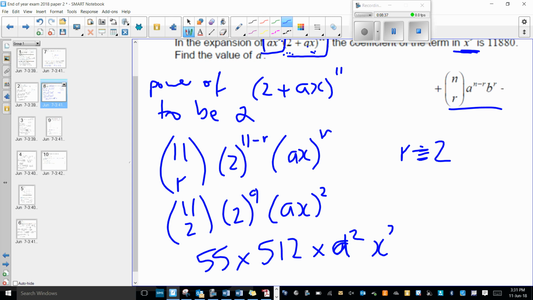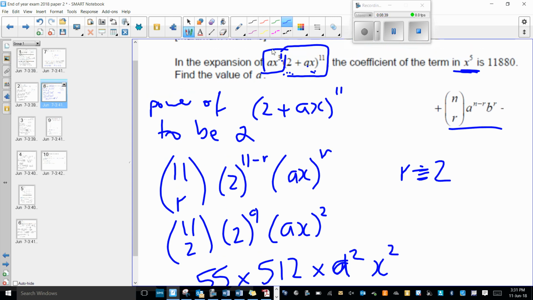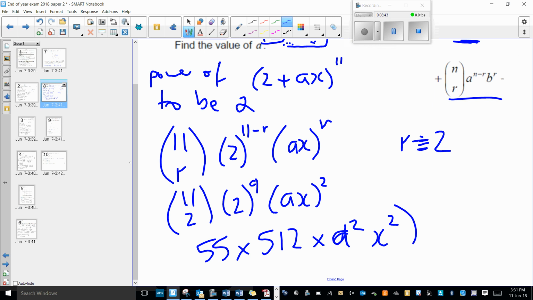And then we're multiplying that now by ax cubed. And when we do that, we see that our powers add together.